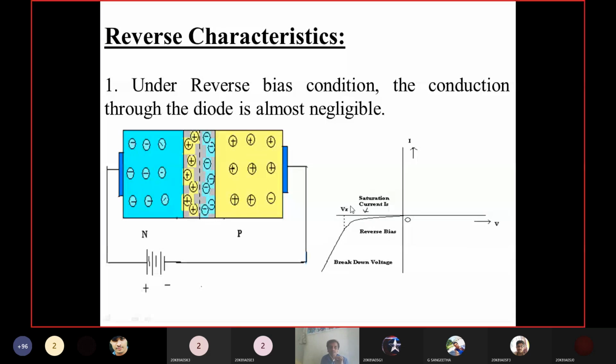Based on this phenomenon, suppose our refrigerator works at a particular 220 volts. Suppose if the voltage is coming at 240, what happens? The refrigerator will be damaged. If you use the Zener diode, it allows only 220 volts. Like that, a washing machine, TV, everything is operated at a particular voltage.